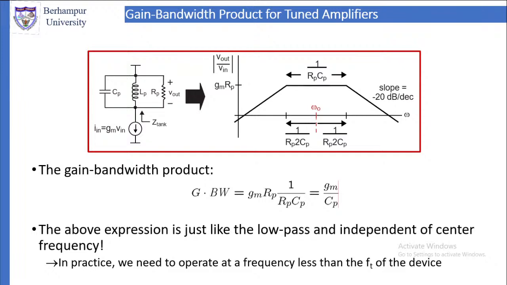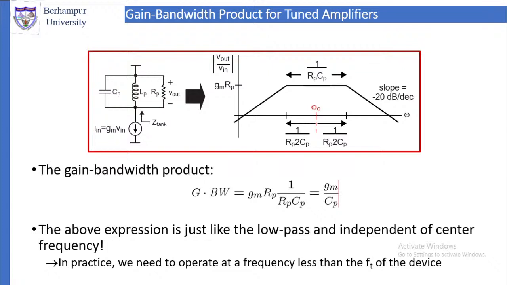So V out is equal to I in into Rp. Why I in? If it is a parallel circuit, I should get divided between C, L and R. But we are saying that it is I in through Rp. Why will it be I in? The reason is that it is at resonance.